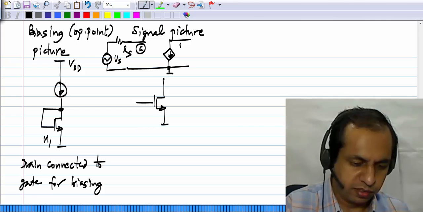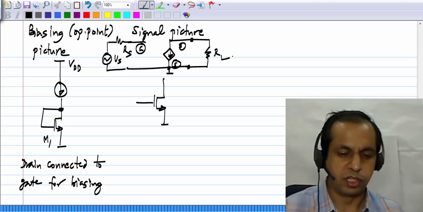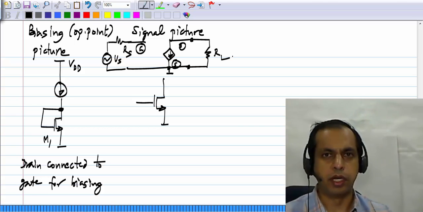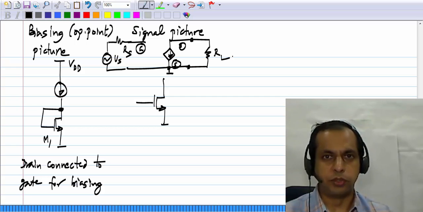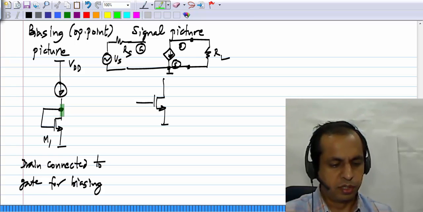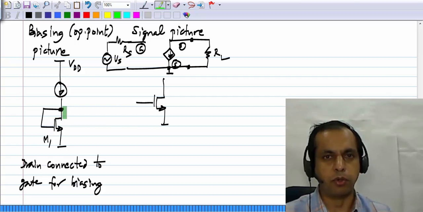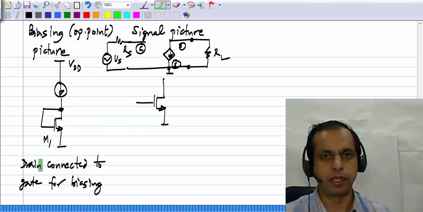This is the gate, this is the drain, this is the source, and RL must appear over there. And of course, the transistor has to remain in saturation, but that is guaranteed by this biasing arrangement, because in this case VDS equals VGS. And it's definitely more than VGS minus VT as long as the threshold voltage VT is positive.